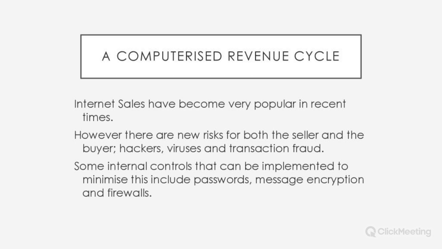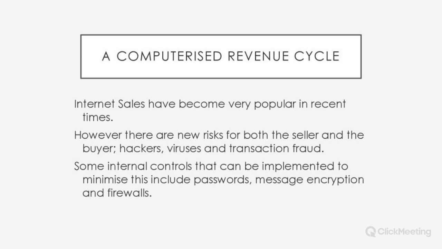Now, internet sales, as I said, have become quite popular. They do raise some risks, both for the seller and the buyer, because there's always a chance that the systems can be hacked, they can be attacked by a virus, or there could be transaction fraud. Hence, internal controls should be implemented to minimize those threats.